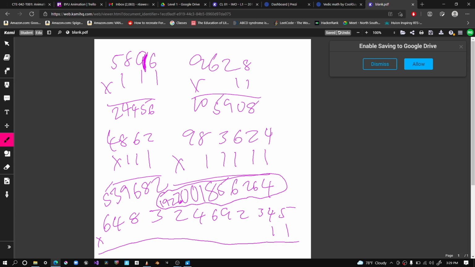Okay, so now it's going to be easy for this one because we're only doing times 11. So that's 5, 9, 7, 5, and then we have to do 1 extra, 6, 1 extra, and then we have 1 extra, 6, well we have 7 because of the 1 extra, and we have 5, 1 extra, 3, 1 extra, 1 extra, and then 7.